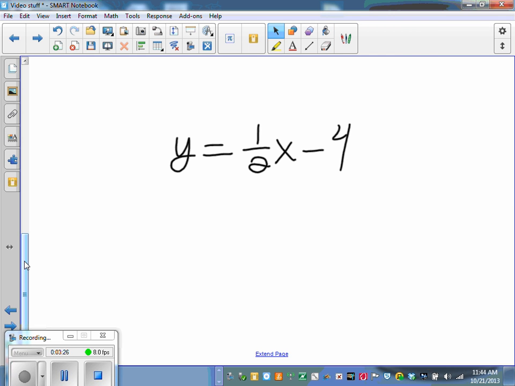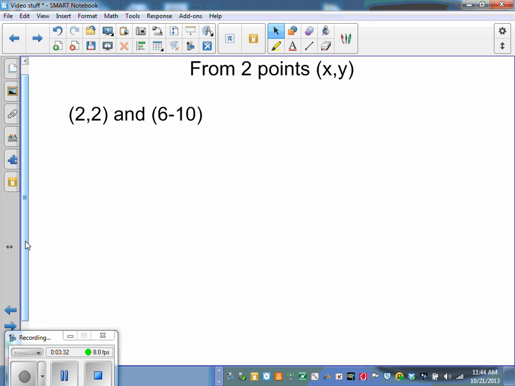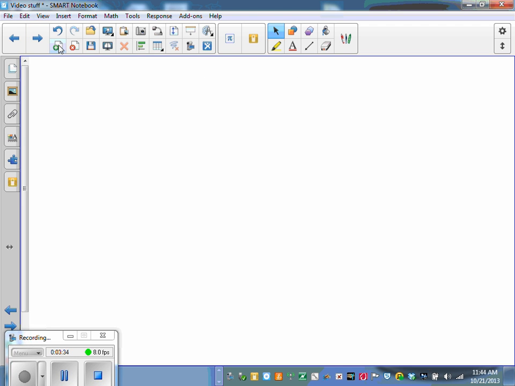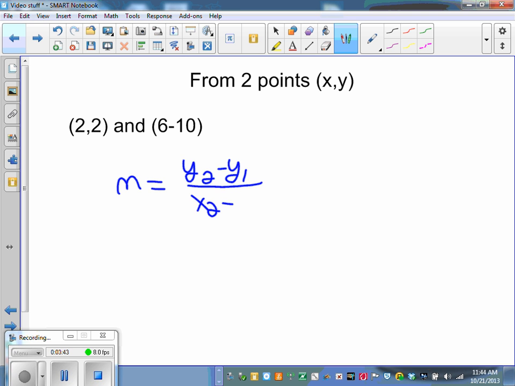All right, we got one more way that we are going to do this. Given 2 points. Now here we have 2 points, and we need to find my slope first. So my slope is y2 minus y1 over x2 minus x1. We have x1, y1, x2, y2.